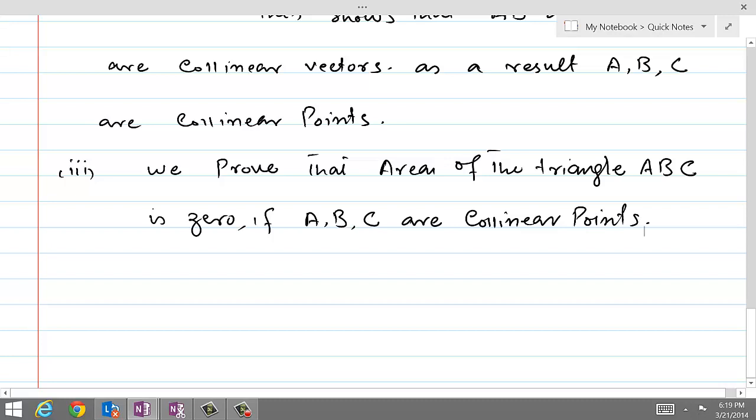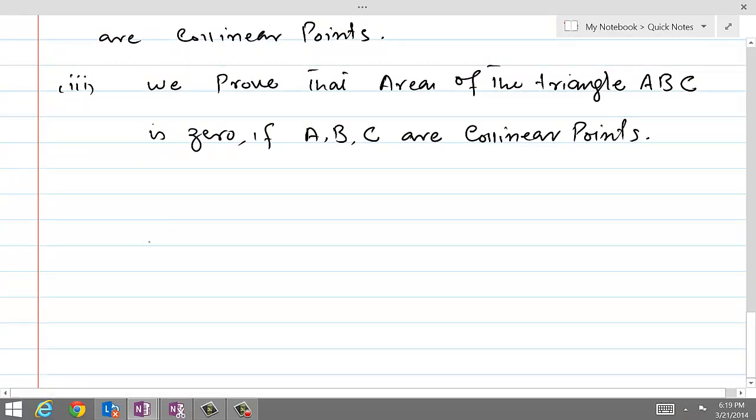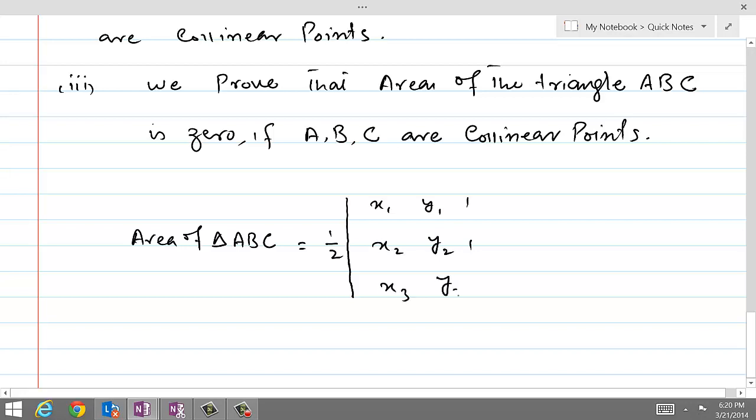And we can find the area of triangle ABC. Area of triangle ABC is equal to 1 by 2 times the determinant x1 y1 1, x2 y2 1 and x3 y3 1, where A has coordinates x1 y1, B has coordinates x2 y2, and C has coordinates x3 y3.